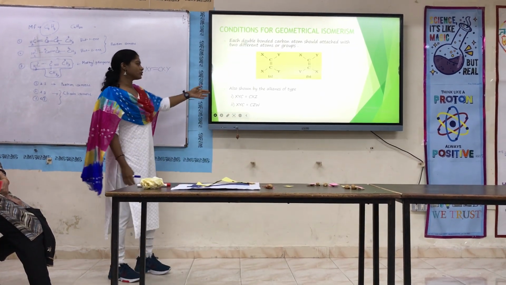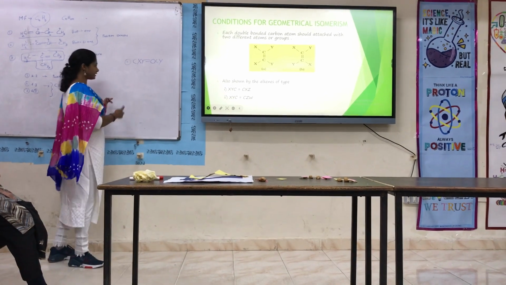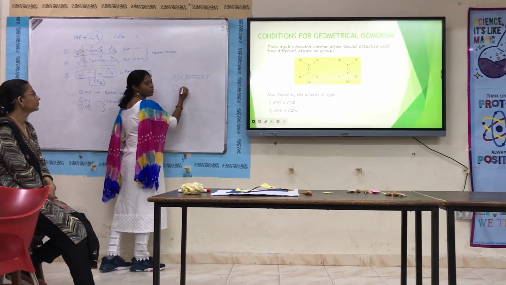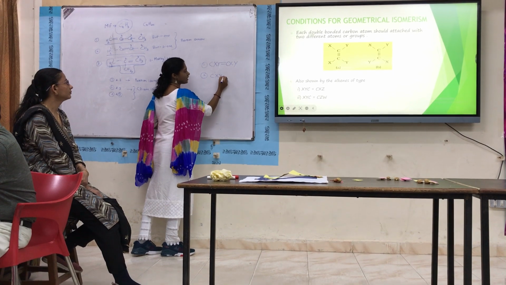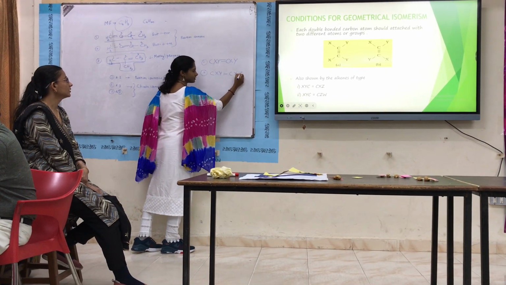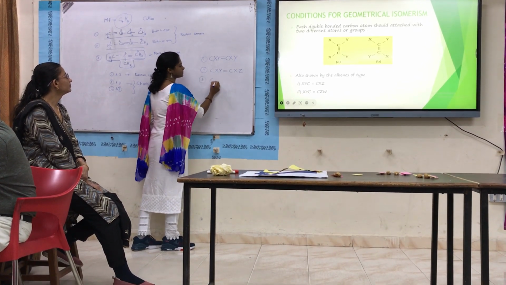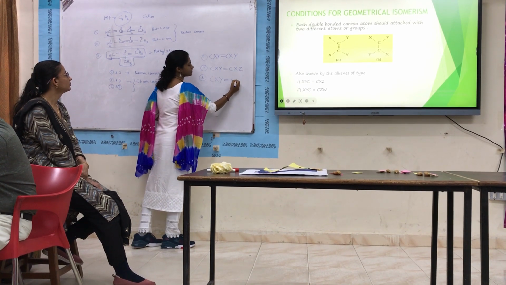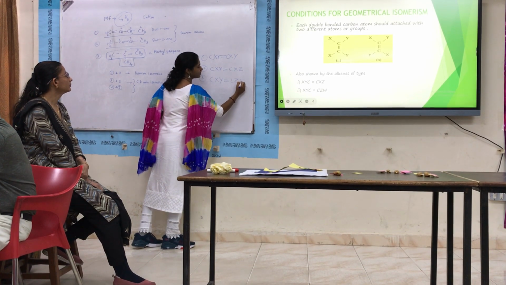Now, we can also see geometrical isomerism in the case of molecules of the type CXY double bond CXZ, and also of the type CXY double bond CZW.